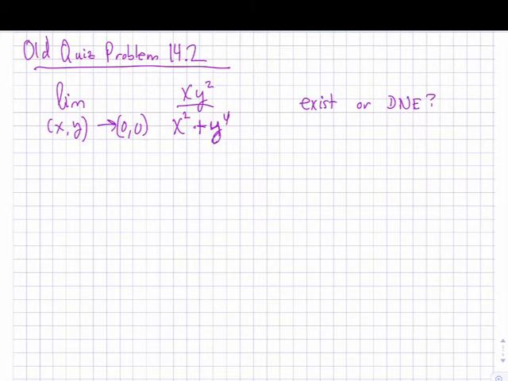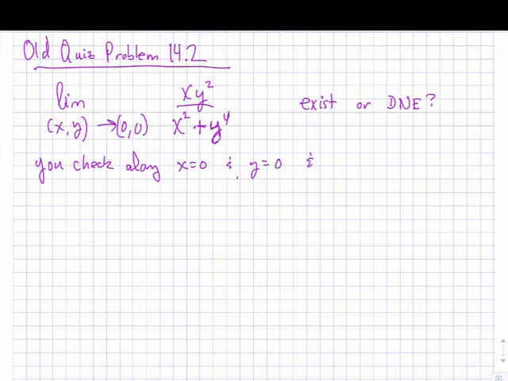Cubic over squared might go to 0, right? But cubic over squared could go to 0, but cubic over the fourth power might not go to 0. In fact, you check, I'm not going to do this part now, along x equals 0 and y equals 0.